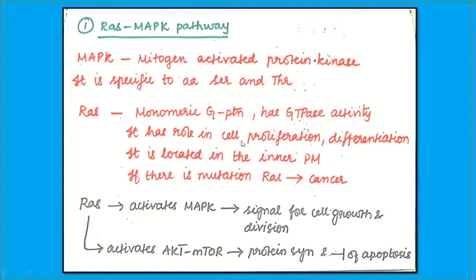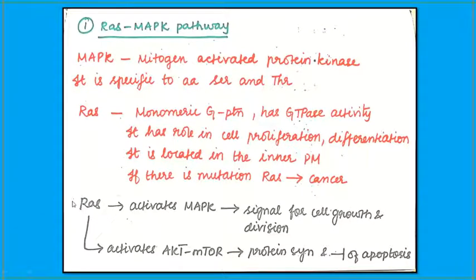It has a role in cell proliferation and differentiation, and RAS is located in the inner plasma membrane. It is located in the cytosolic region, but it is attached to the plasma membrane. If there is any mutation in the RAS protein, that will lead to cancer formation.